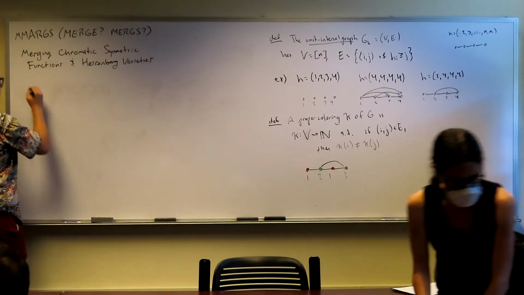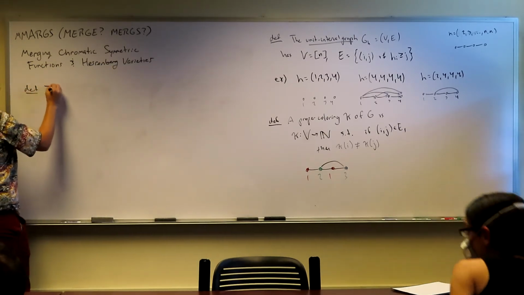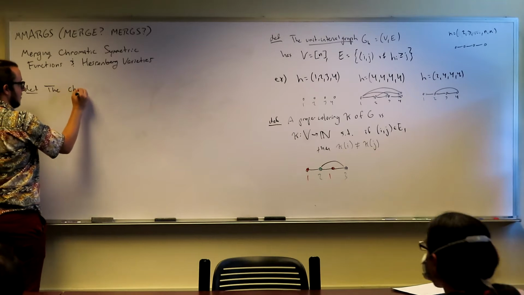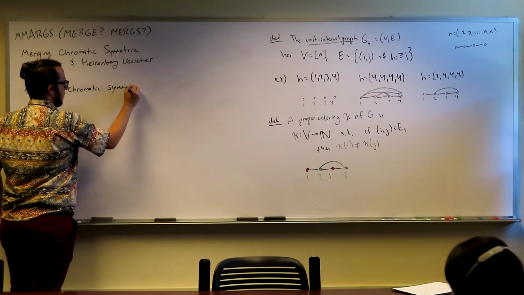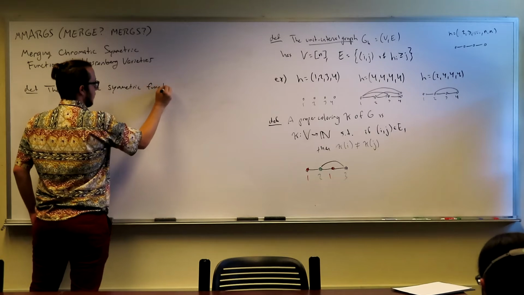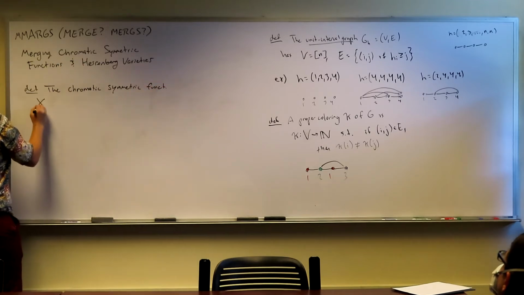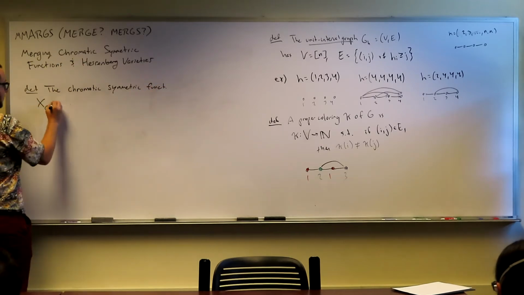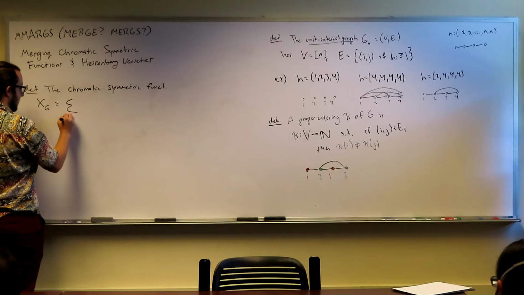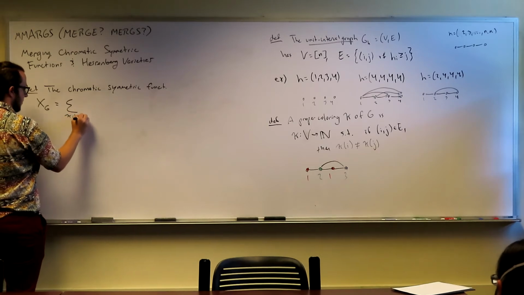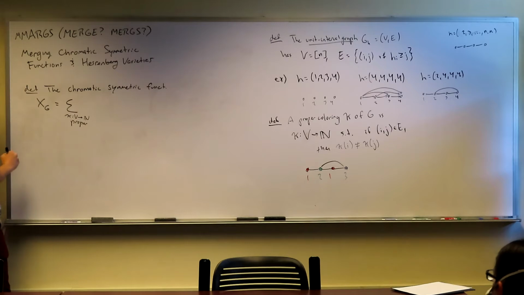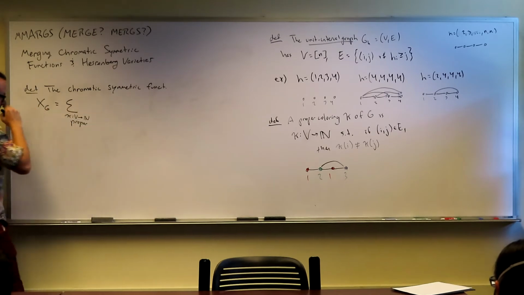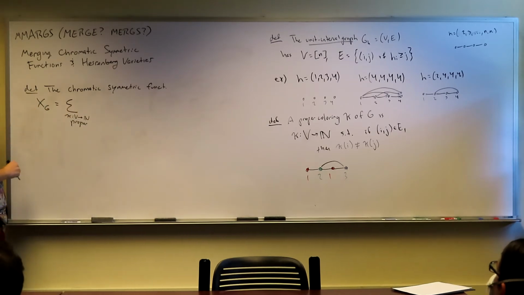So, the chromatic symmetric function, which we're going to denote x subscript G, is the sum over proper colorings of the graph G. And I'm going to assume that the vertices are labeled 1 through n, so this is just going to be a finite graph.